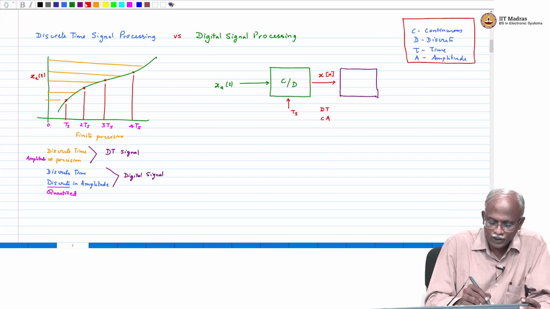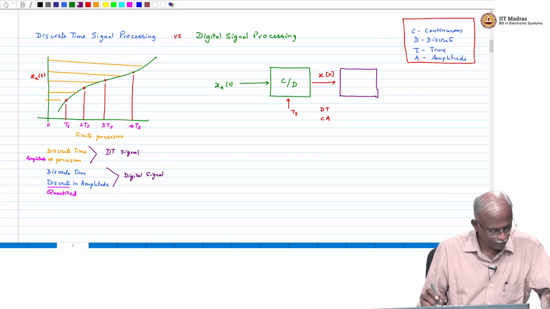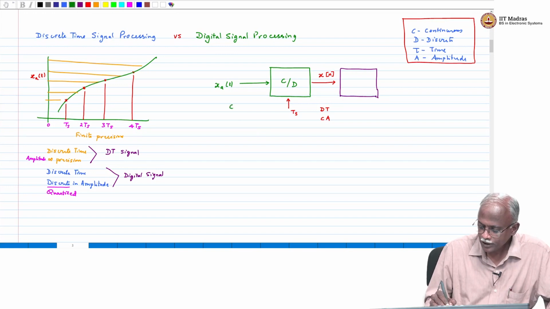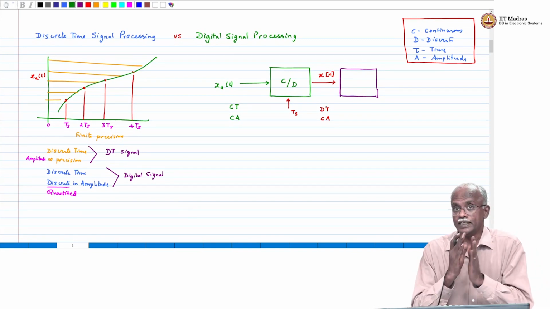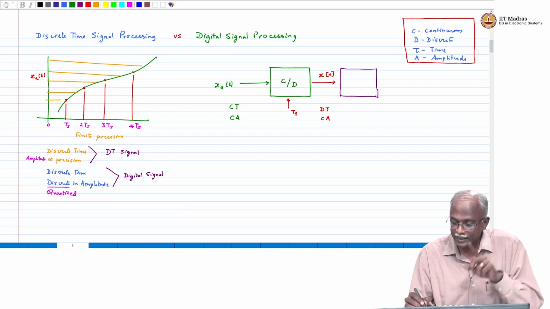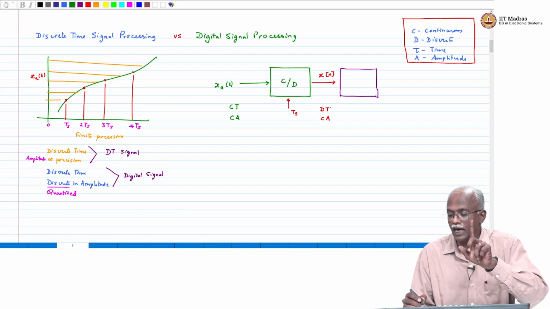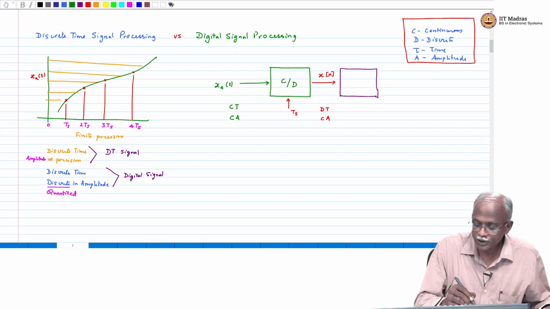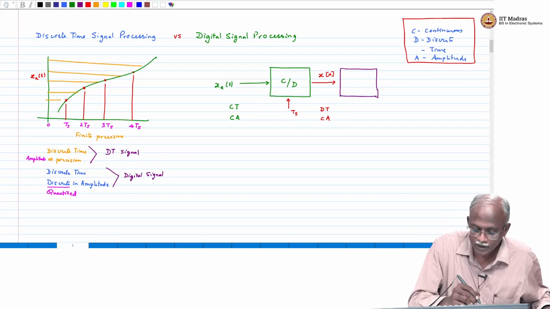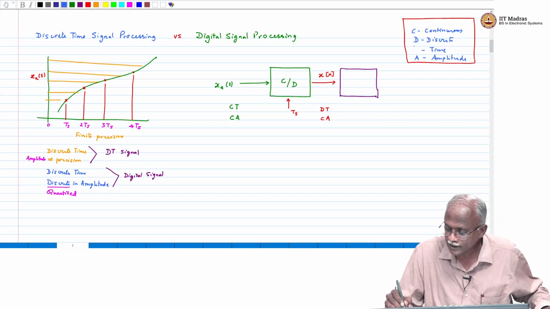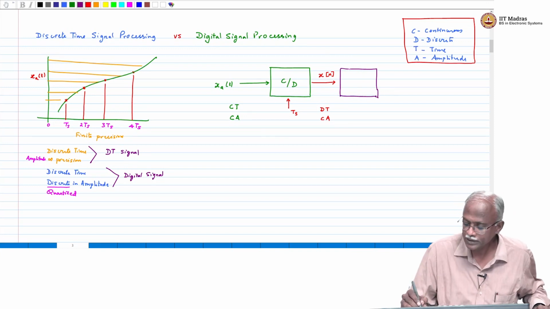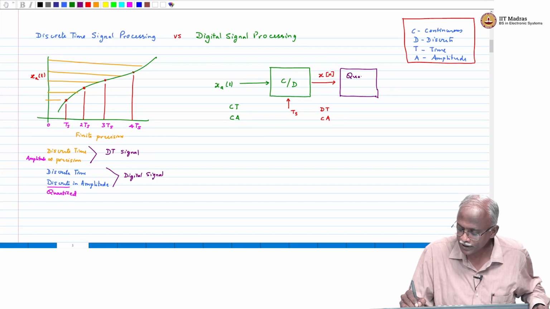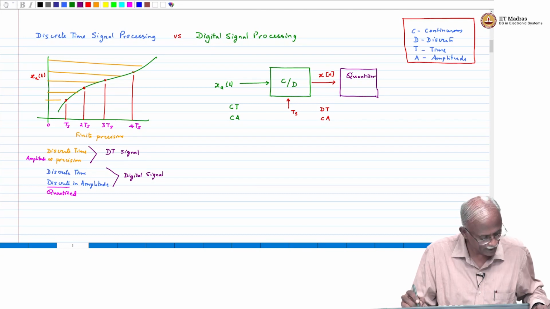So xa of t, if you were to describe this, is continuous in time and continuous in amplitude. On the other hand, x of n, the discrete time signal, is discrete in time, so D and T, followed by continuous in amplitude. That means you are representing each of the samples with infinite precision. Then comes the quantizer. This is the place where you would represent each sample by a finite number of bits.